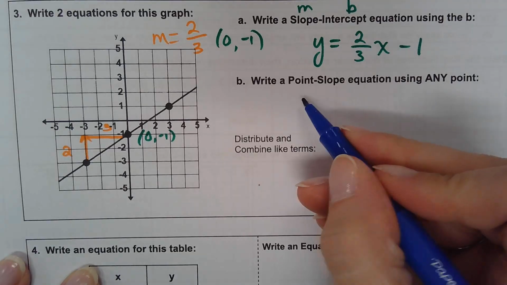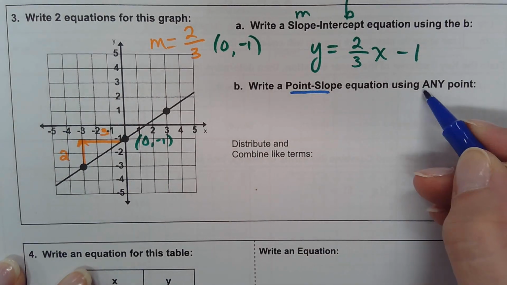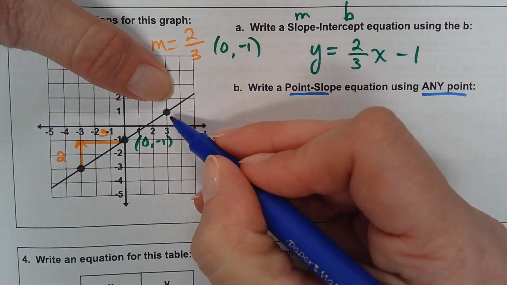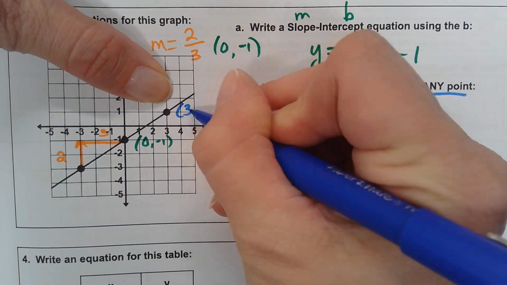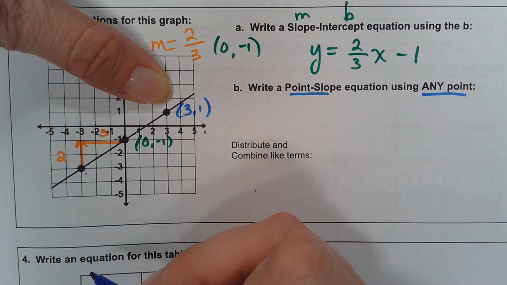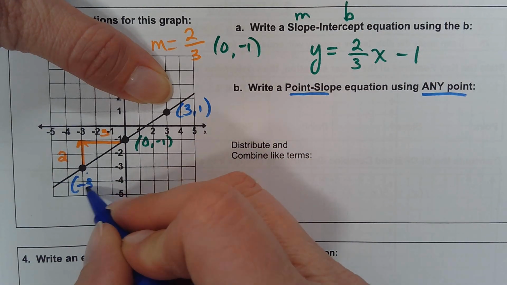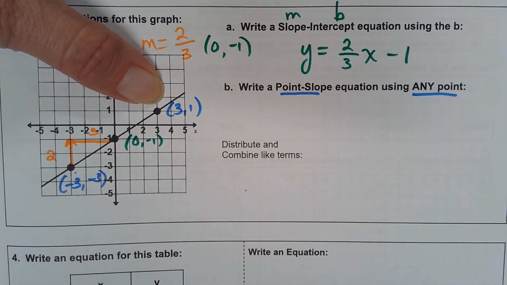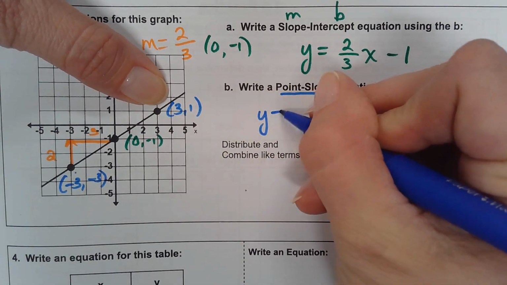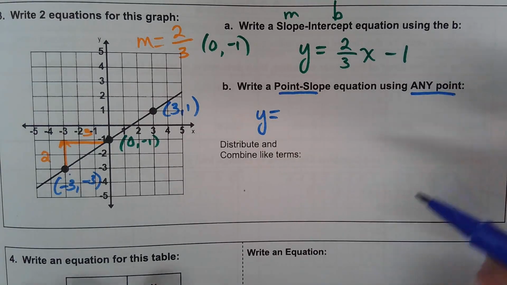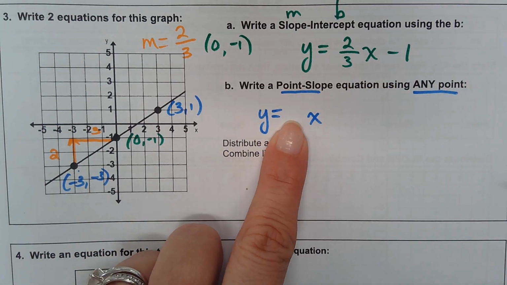Now they want us to write a point-slope equation using any point, not the 0 point. I will use this one right here, (3, 1). You can also use this one here if you like, (-3, -3), but I like positives. So y equals, what do we always put in front of the x?